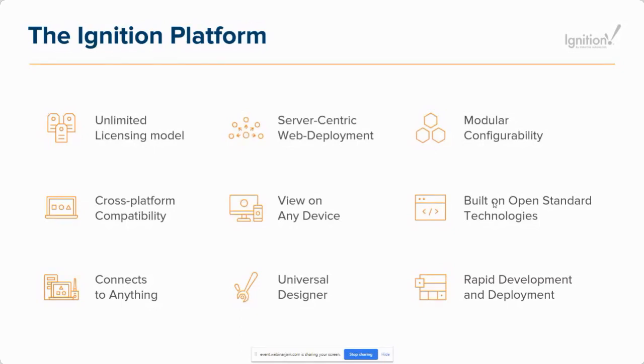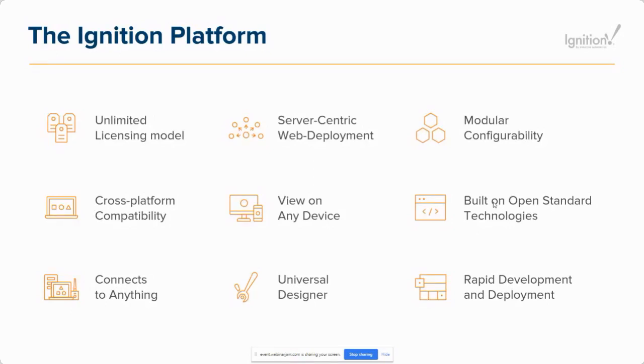You can think of the platform much like your phone's a platform where you can go to the App Store, find new apps, install them, and take advantage of that functionality. The same thing is true with the Ignition platform. We call those features modules you can plug into the platform. That allows you to pick and choose the functions you want, and it allows us to have a platform that we can scale as we go into the future, so we can add more functionality very easily.